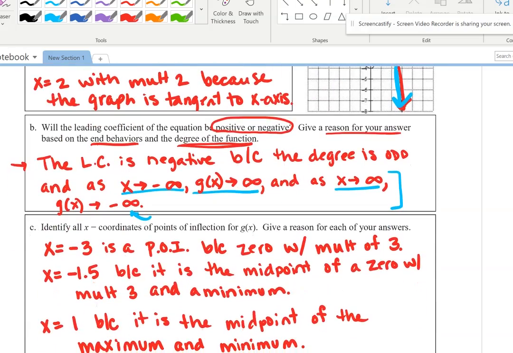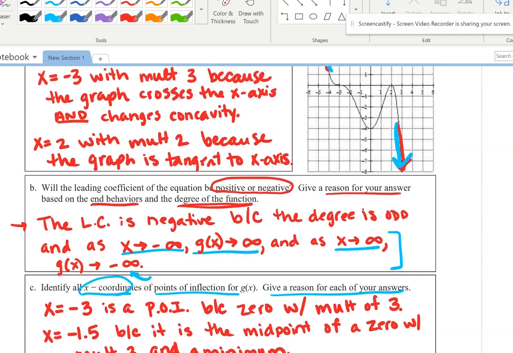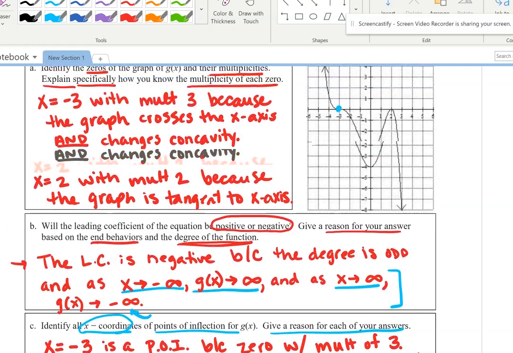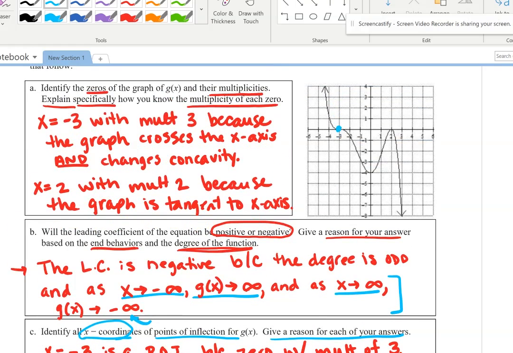All right, then on C, it says identify x coordinates of the points of inflection and give a reason for each of your answers. So some of you gave me ordered pairs. Well, I only want the x coordinates. So let's take a look at our x coordinates. The first one is x is equal to -3. And the reason that's a point of inflection is because it's a 0 with multiplicity of 3.